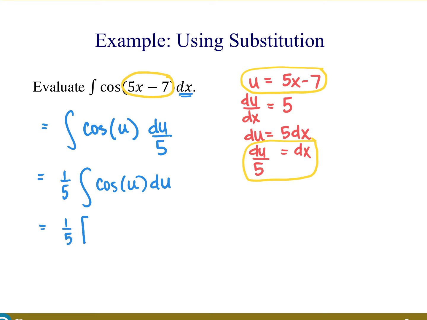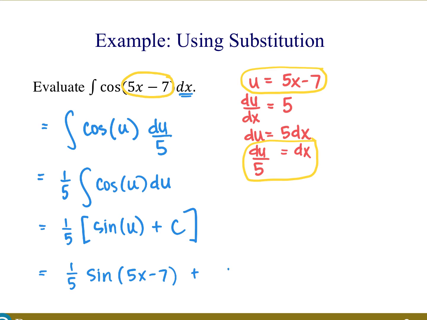So 1/5 bracket, my antiderivative of cosine is sine of u plus c. And then your final answer is to replace the u back to what you chose it to be: 1/5 of the sine of the quantity 5x minus 7 plus c.